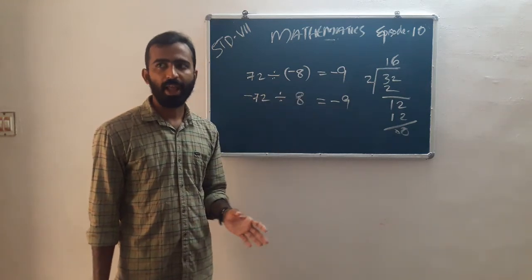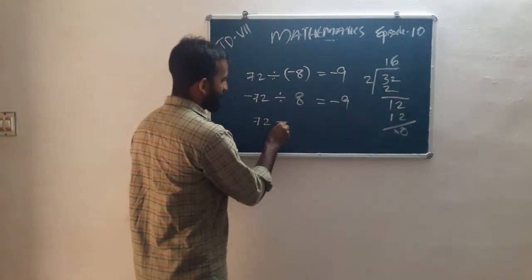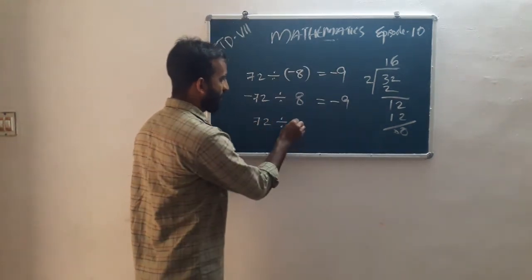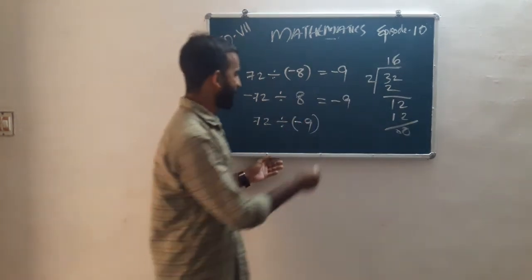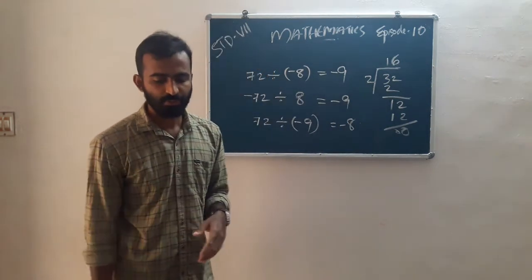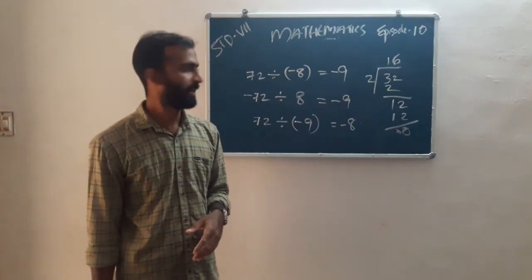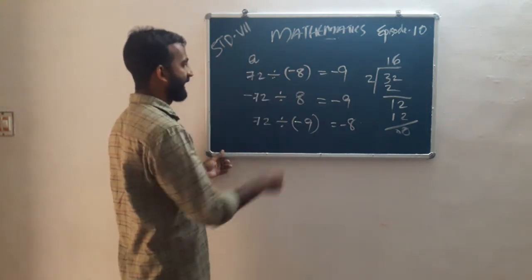And 72 divided by negative 9, we get negative 8.